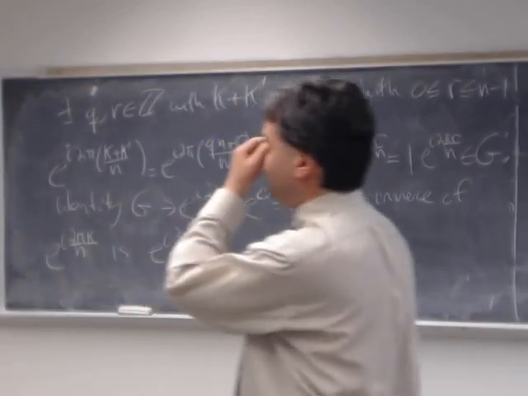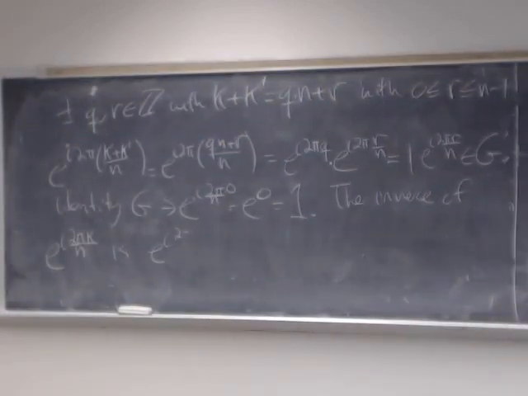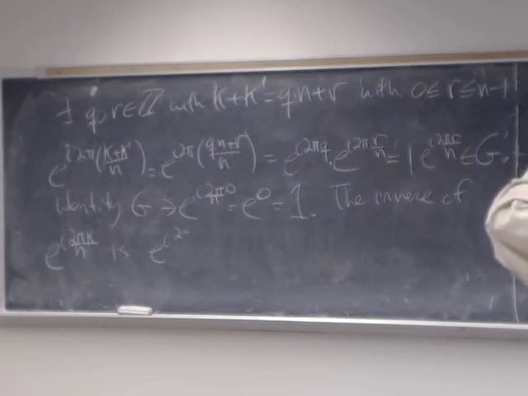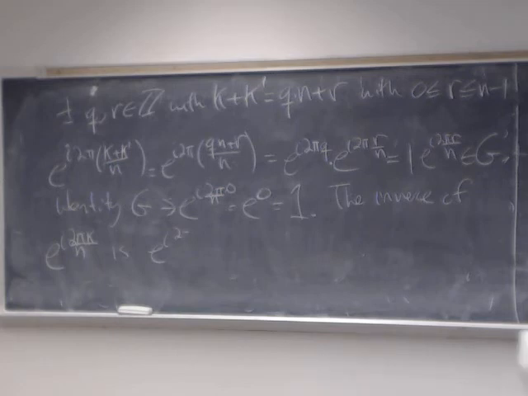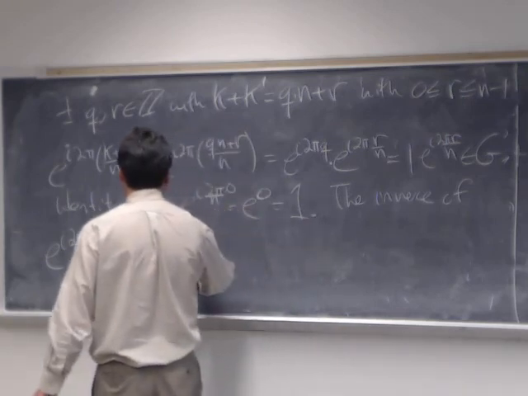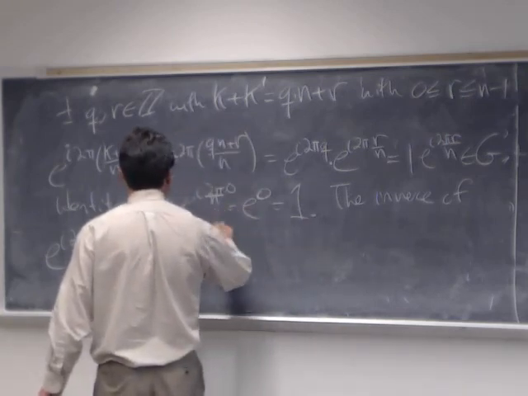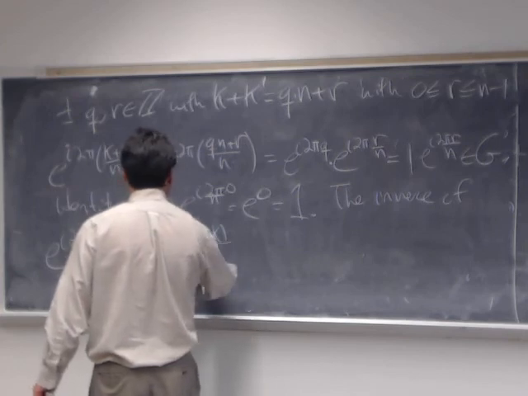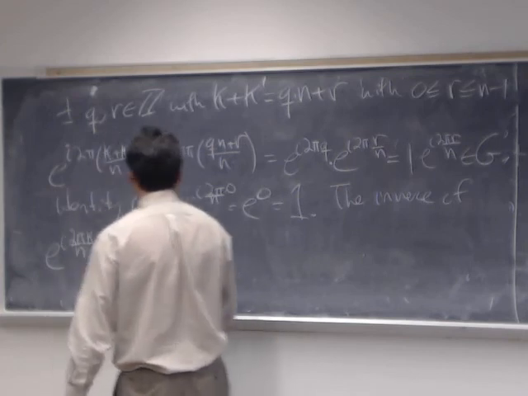If you have a rotation of 120 degrees, the inverse would be a rotation of 240 degrees. So the way to get the inverse is you just want to subtract what you have from 2 pi. So it would be 2 pi n minus k all over n.